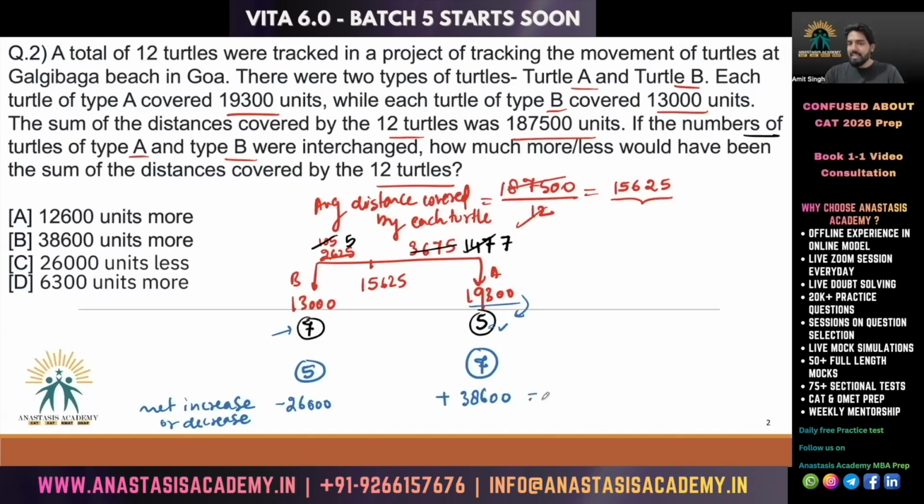So the net increase would be 38,600 minus 26,000. If I take the difference, I would get 12,600 units more, right? Can you see this net difference is positive? So this has to be an increase, and option A would be the correct answer.